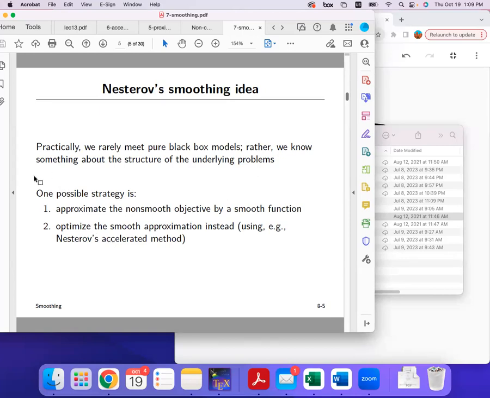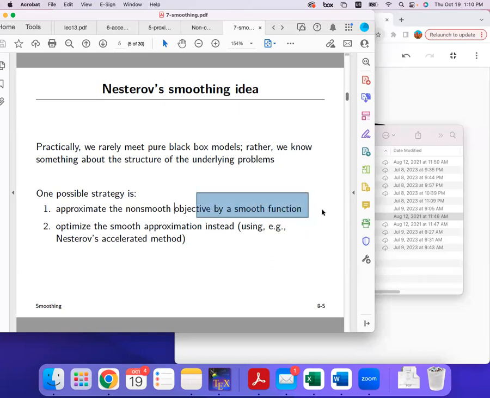So here we will talk about this strategy. We can first approximate the non-smooth problem by a smooth problem. If you give me a non-smooth problem, I don't want to solve it directly using the subgradient method. Instead, I can first approximate the problem by a smooth problem.